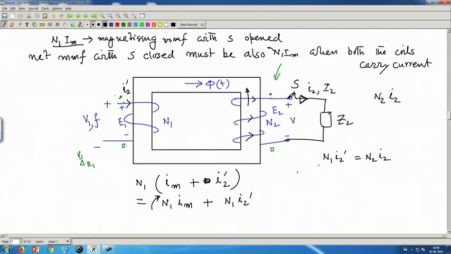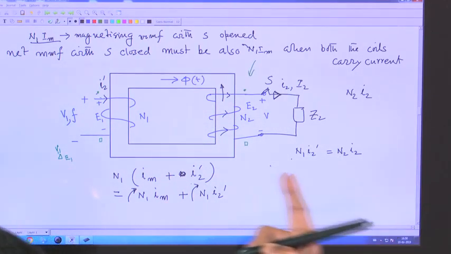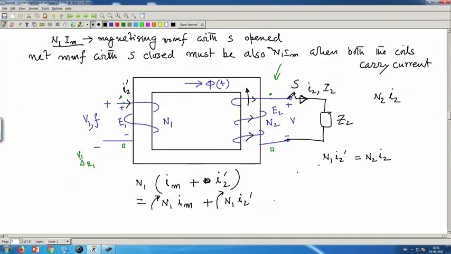From the dot current is coming out, it also creates flux in this direction, clockwise direction flux. And on this magnetic circuit, apart from these two MMFs, a third fellow occurs, which is N2 I2, or I will write plus, create this way. Therefore, in the earlier case when S was opened, net MMF acting in the magnetic circuit was N1 Im.